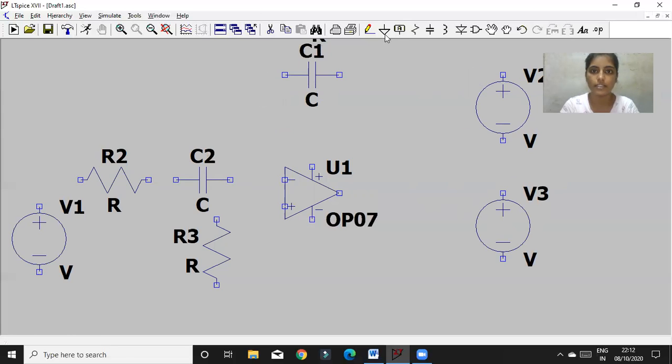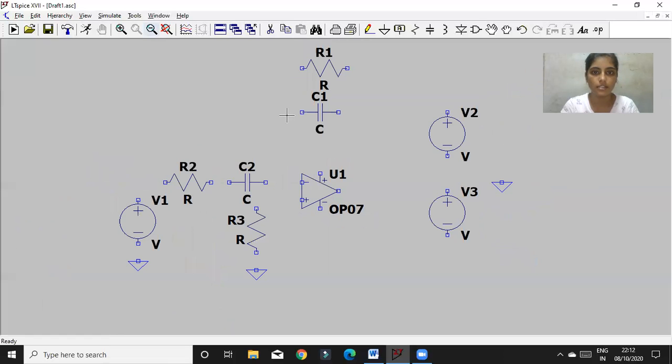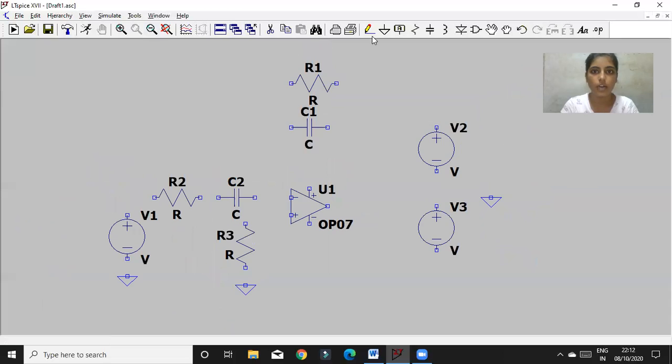I also need the ground, so here I'm connecting a common ground. So this is how I placed all the components. Now I'm connecting all the components with wire.